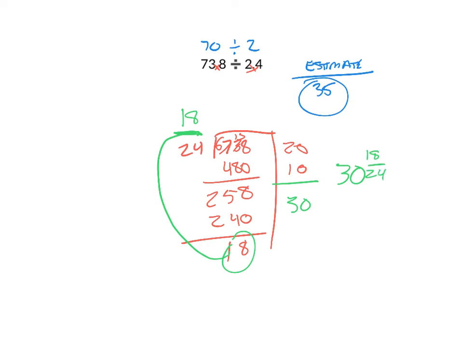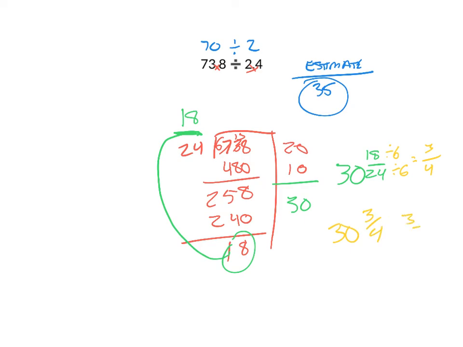But let's reduce that 18 24ths. So what's a common factor of both of them? 6, right? What I do on the bottom, I do on the top. So 18 divided by 6 is 3. 24 divided by 6 is 4. So I now have 30 and 3/4.